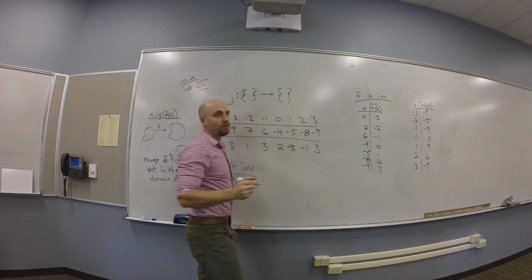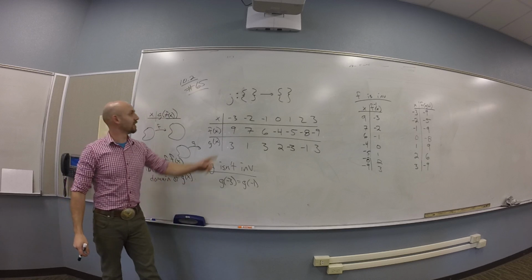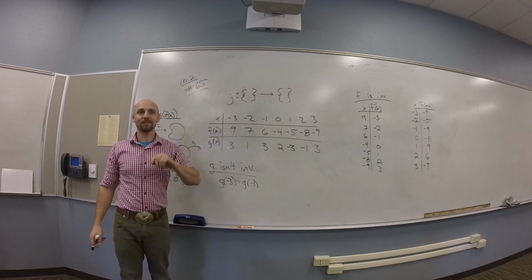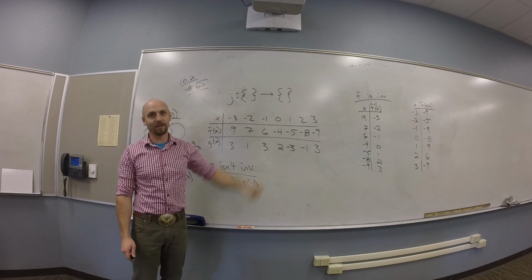You guys remember when we talked about these things making lists? So this is a list with nothing in it, right? So j is a function from the empty list to the empty list.